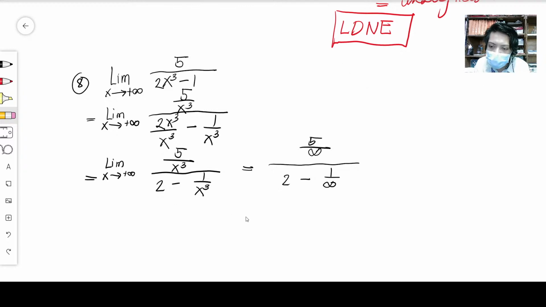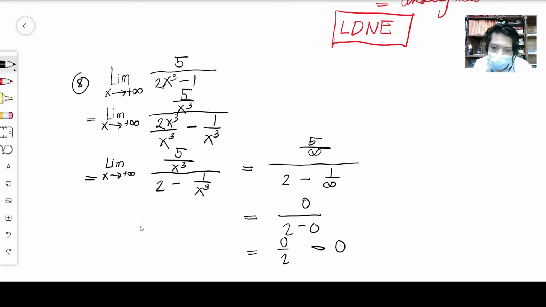Okay. So this is equal to 5 over infinity, which is 0, over 2 minus 1 over infinity, which is 0. So this is equal to 0 over 2. 0 over 2 is of course 0.